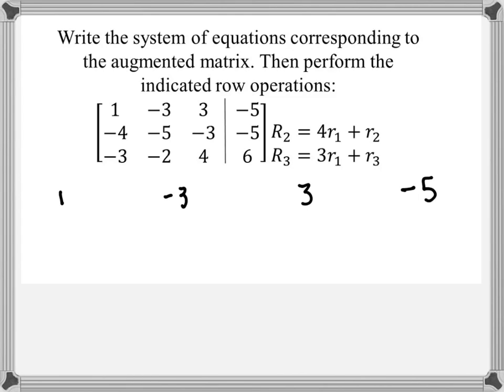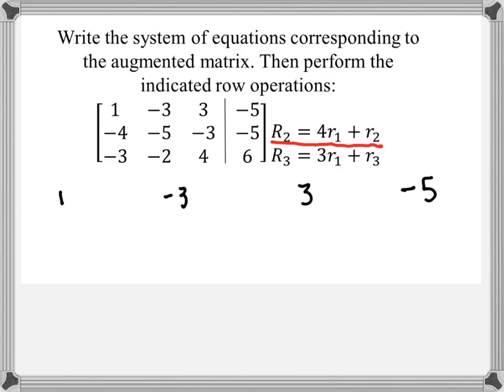Let's now do the row operations. Our first row will not change. So we're going to first look at our second row set of operations. This rule says that new row 2 will equal 4 times row 1 plus old row 2.